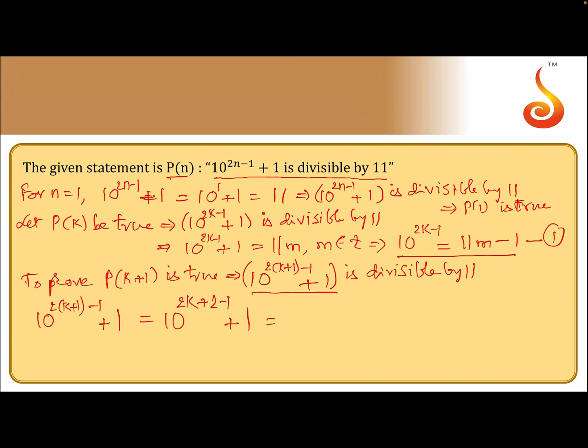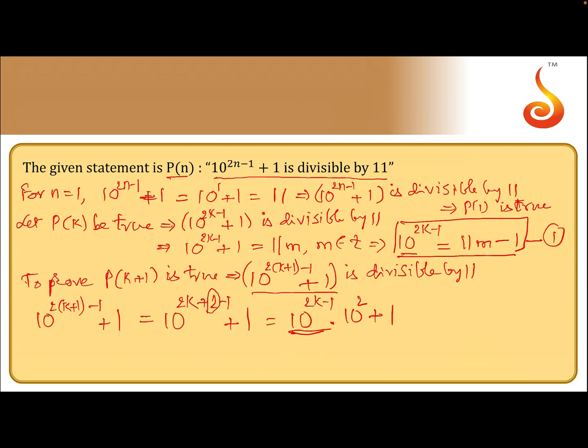That can be written as 10^(2k-1) times 10^2 plus 1. Why should I write it like this? Because I need to use 10^(2k-1) from condition 1.